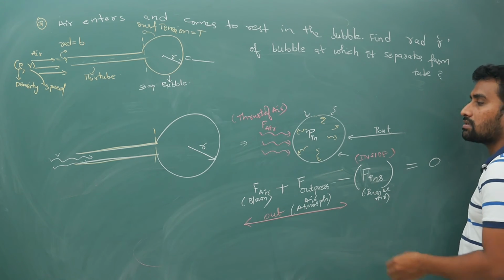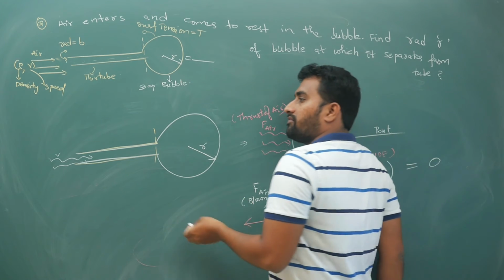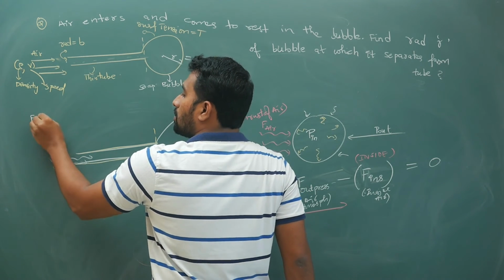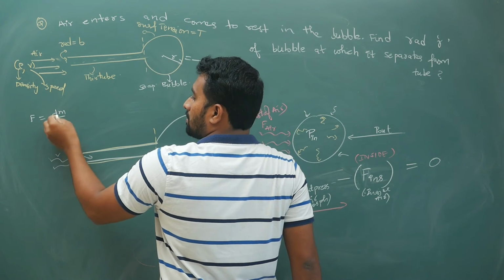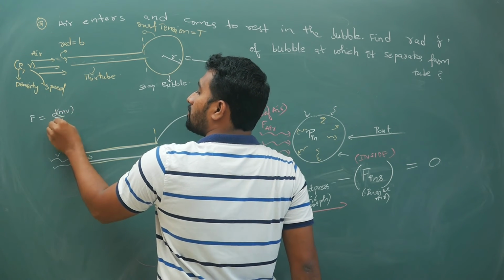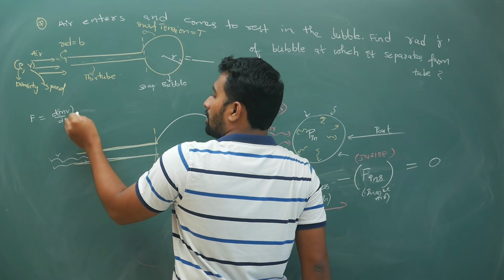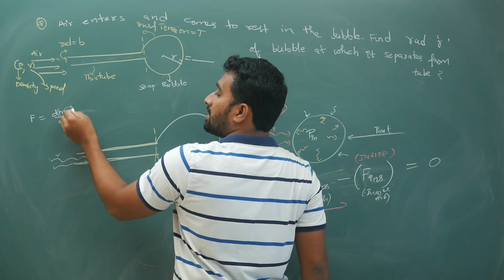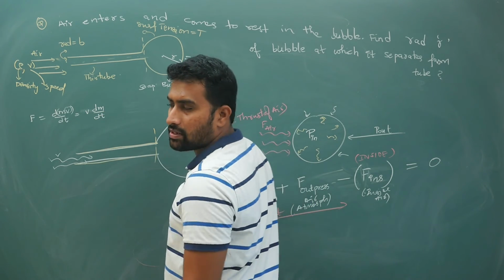So your force from air, now when density is given, like Newton's law, it is derivative of m v by dt. For air, v is the speed here; when there is variable mass, v dm by dt you can write.